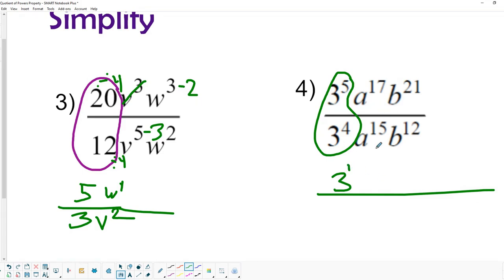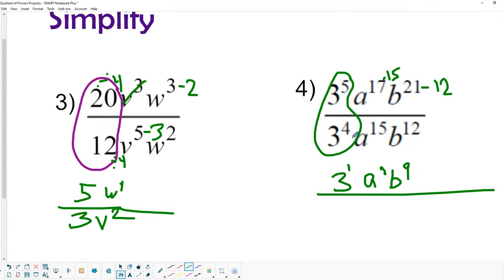Then on my 17s, I subtract 15 from the top, because 17 is the bigger of the two exponents. 17 minus 15 would be 2. And then as far as our b's are concerned, we're going to do 21 minus 12. And there's a difference between 12 and 21 of 9, so that's going to be b to the 9th.